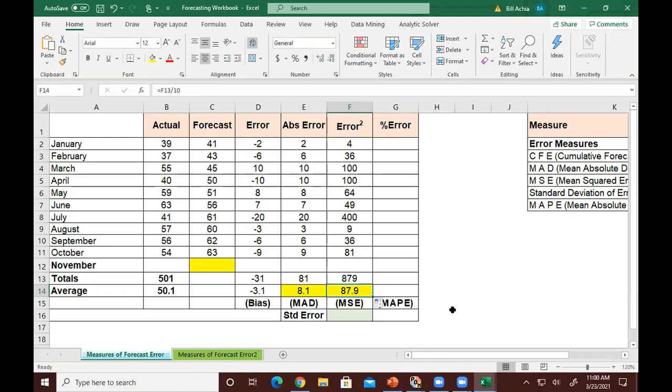I mentioned before that the mean squared error magnifies the size of the errors, and if there was any value here that was excessively big, if our forecast was really bad in any one of these months, say I'd put 10 here, then the MSE explodes.